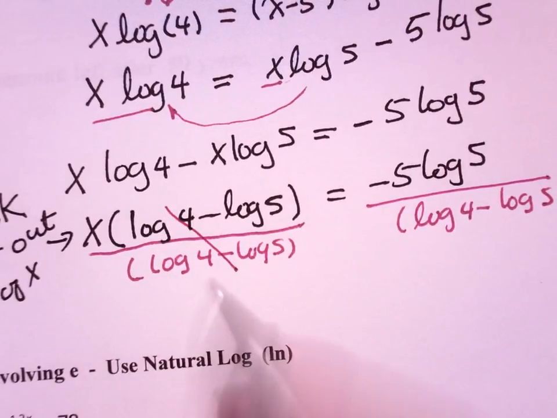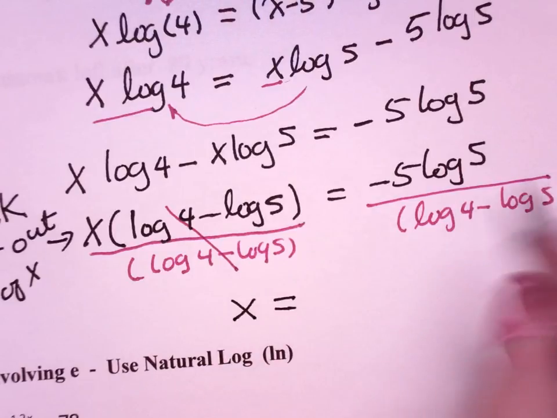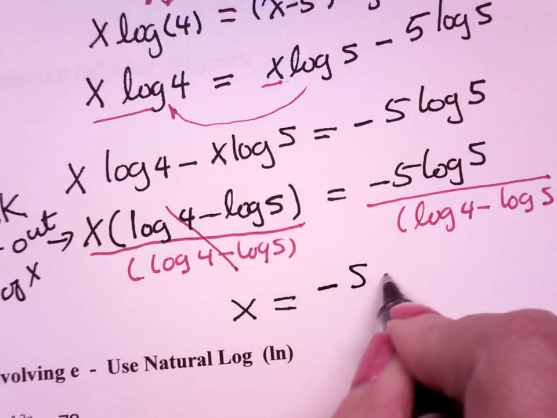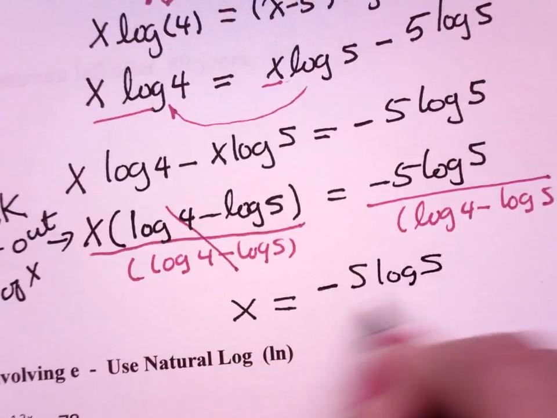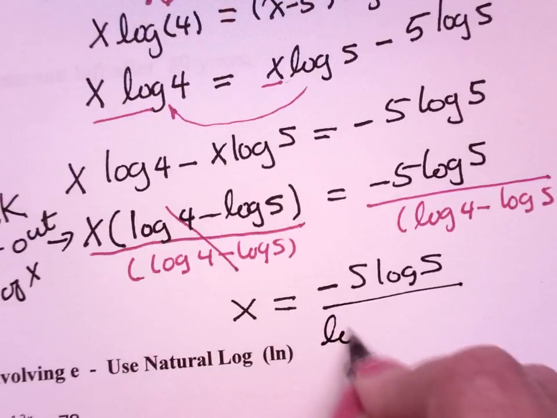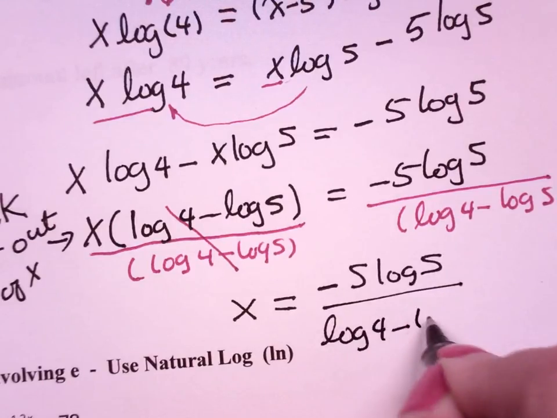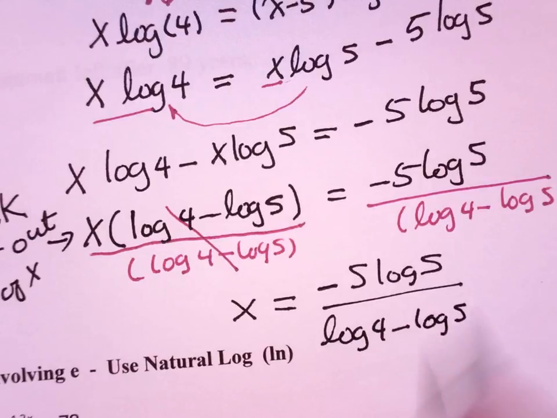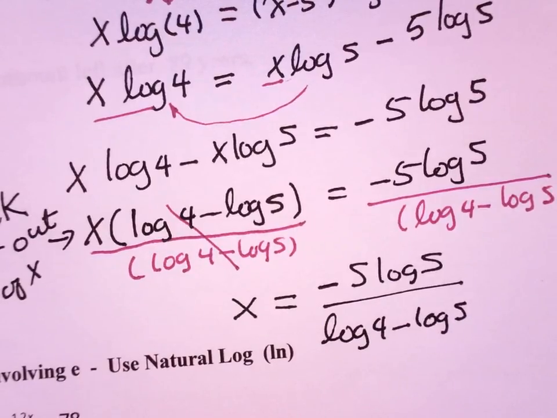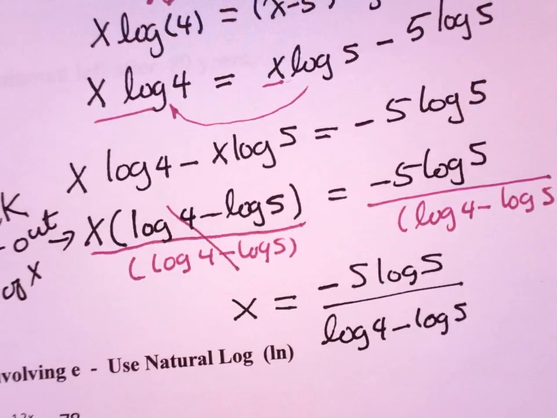That reduces out, so x is going to be minus 5 log of 5 divided by log of 4 minus log of 5. Do I have an approximation for that? Yes, I do.